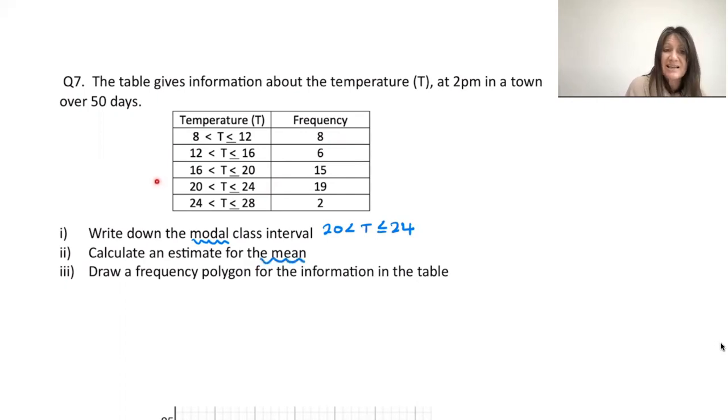So this is the MAD method. So we must use the MAD method. So multiplying first, midpoint is 10. So we're going to be doing 10 times 8, 14. We've got 18, 22, 26. So you multiply those and you get these answers.